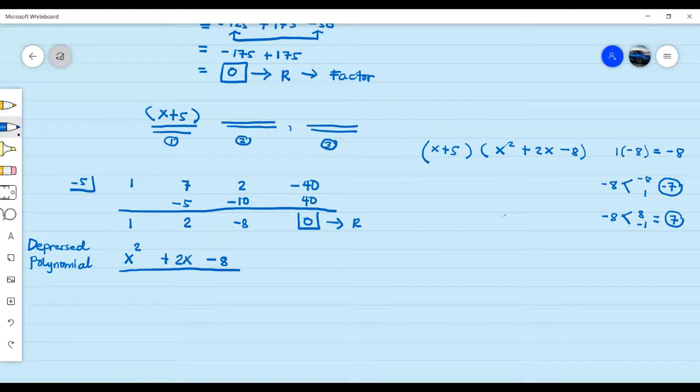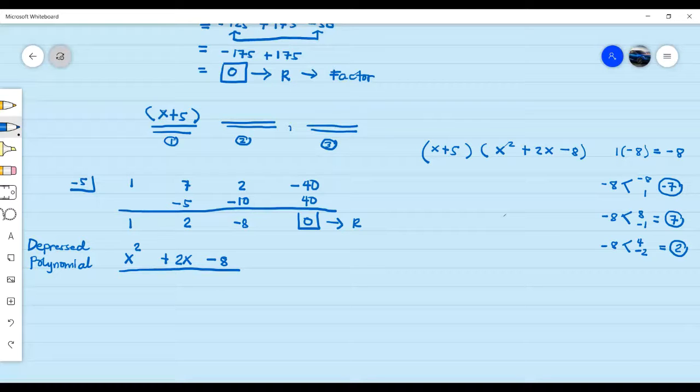Another factor pair of negative 8 can be 4 and negative 2. If you add these, it will be positive 2. Okay, now we stop since we already have the middle term, which is positive 2.